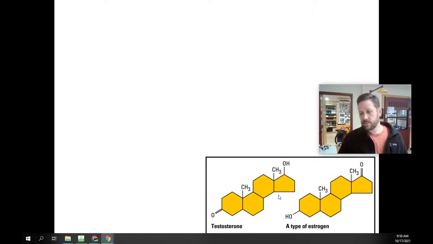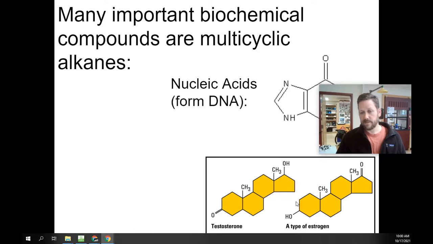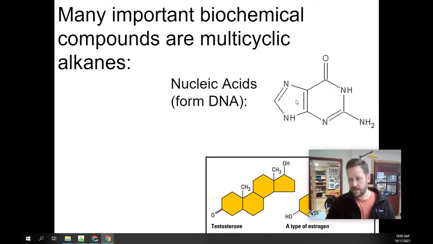Now, let's just briefly talk about how many biochemical compounds are multicyclic alkanes. Here's testosterone and a type of estrogen, and they're very, very similar in their structure. Here's an example of a nucleic acid, and you can see there's some elements of a cyclic compound there.